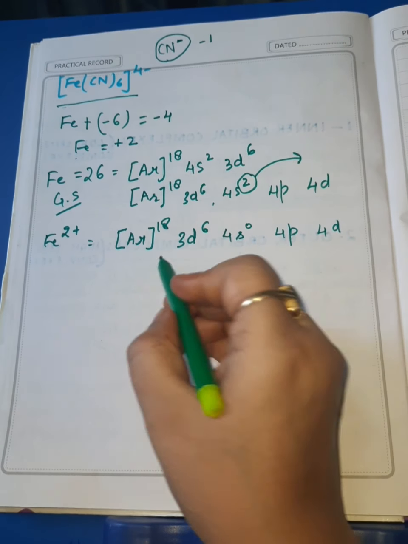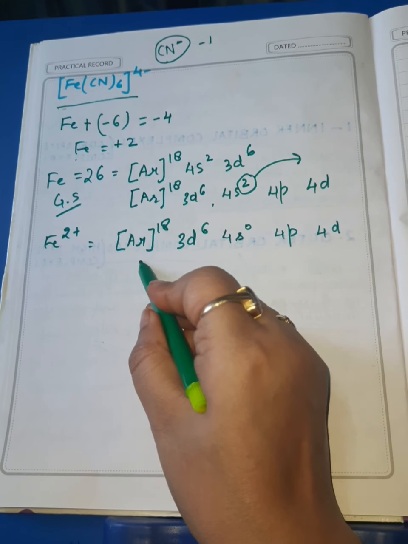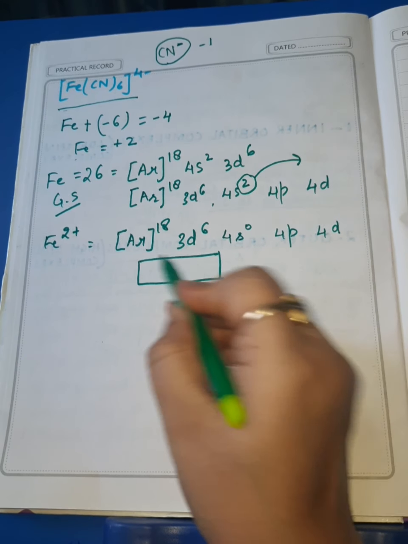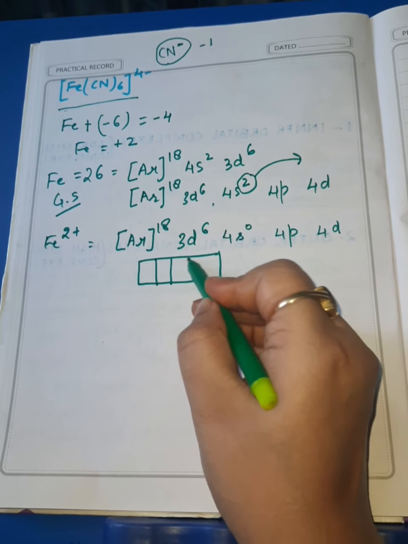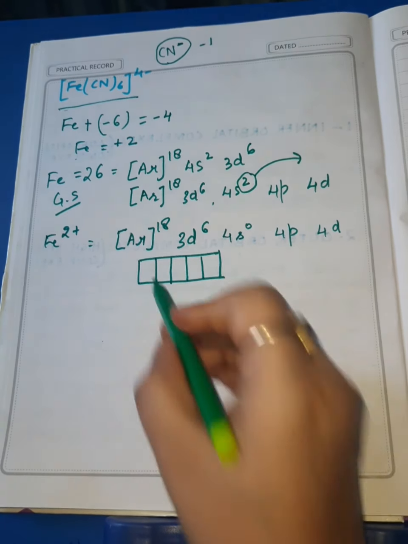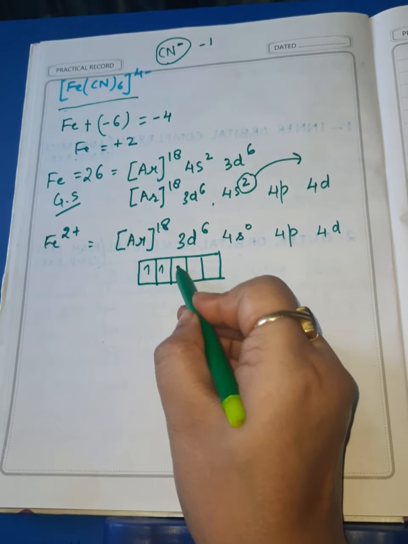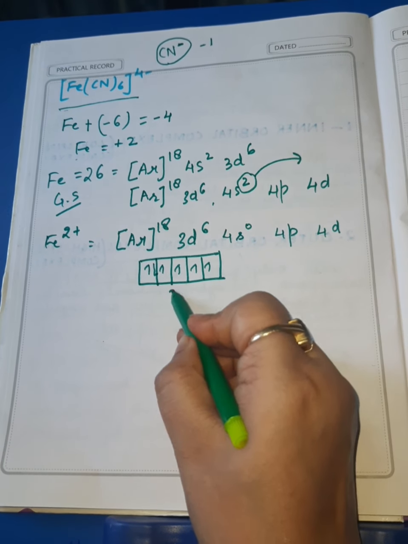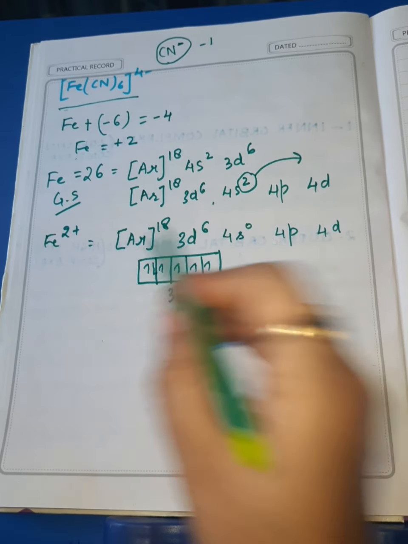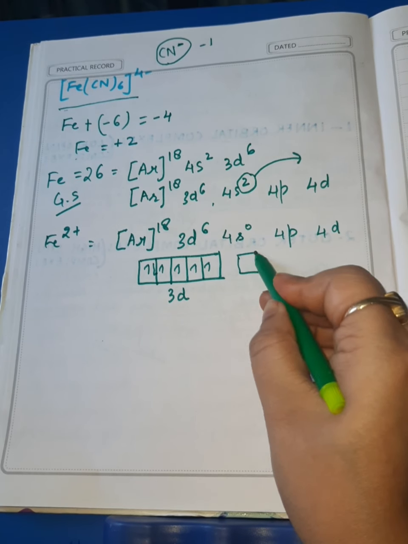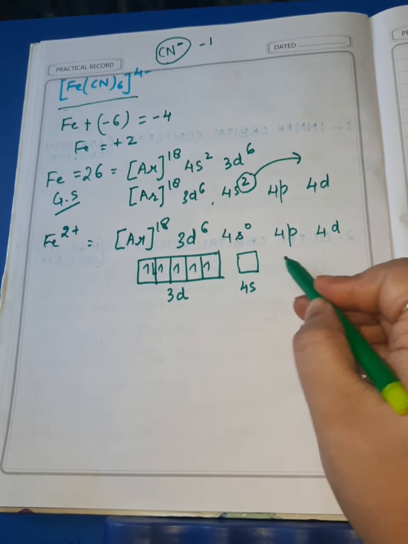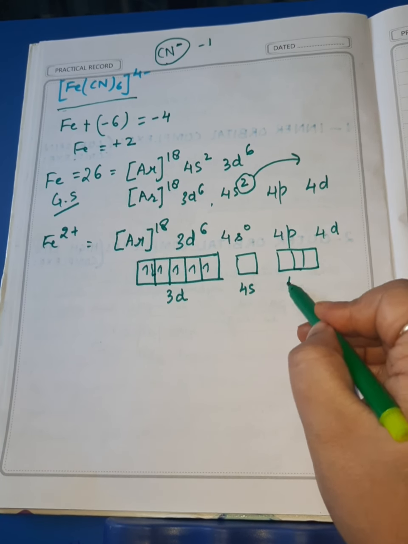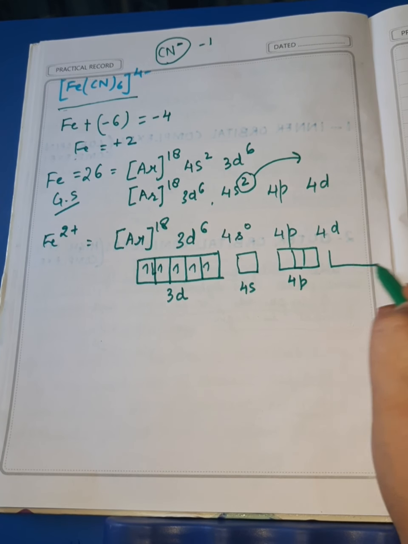Now we'll make a rough orbital diagram of 3d, which contains 6 electrons: 1, 2, 3, 4, 5, 6. This is the 3d orbital of Fe2+. Its 4s is empty, its 4p is empty, and its 4d is also empty.